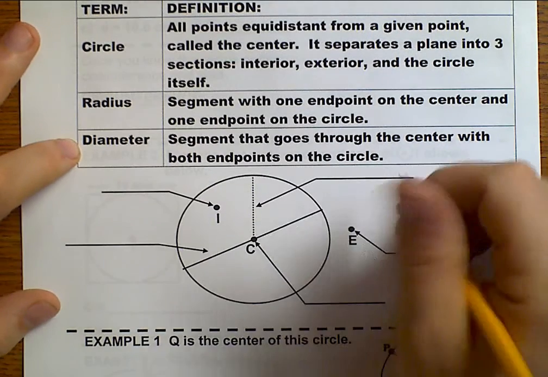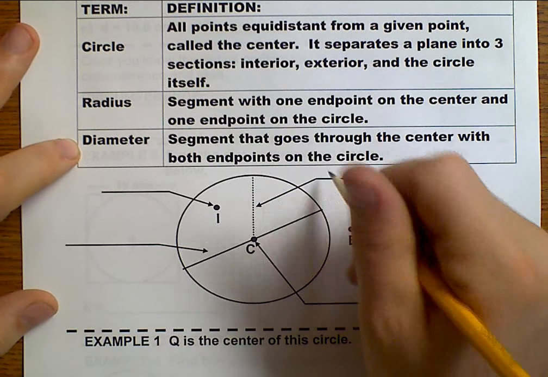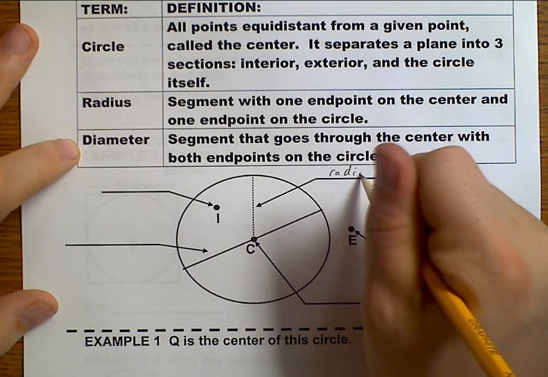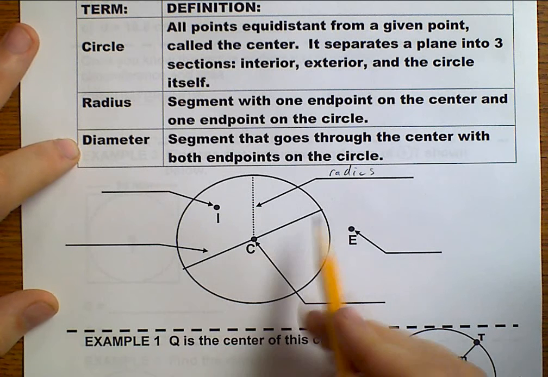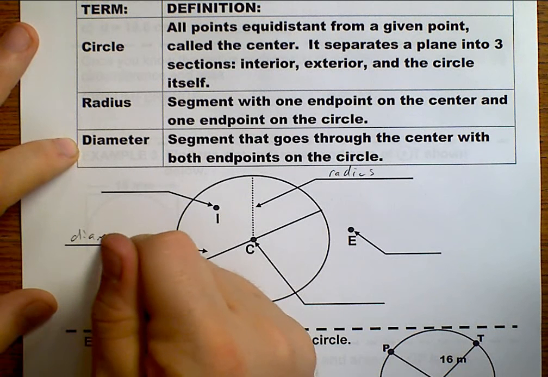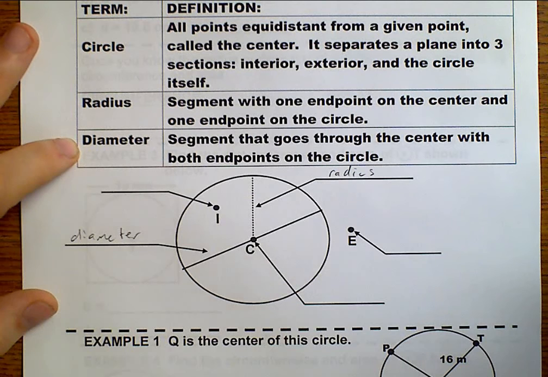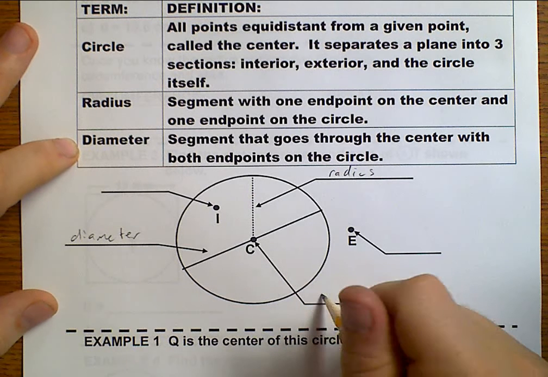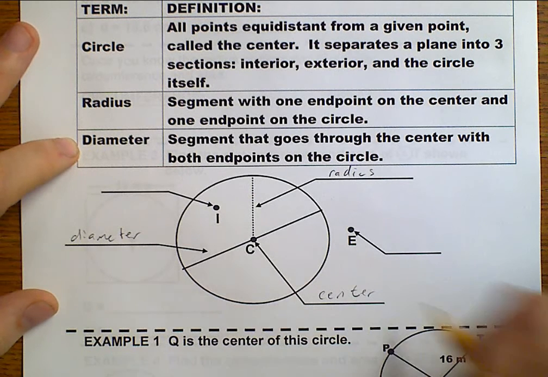So this right here is a radius. This line here, a diameter. C would be our center.